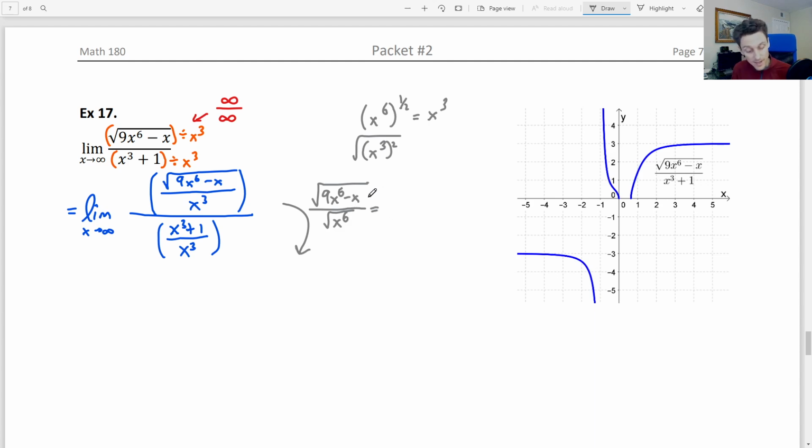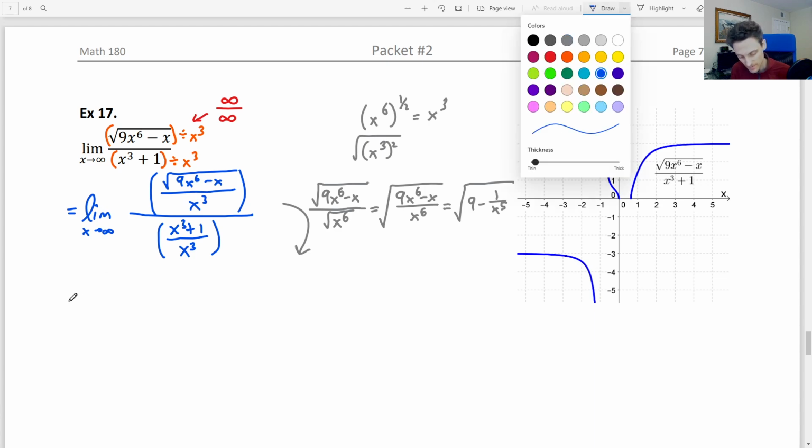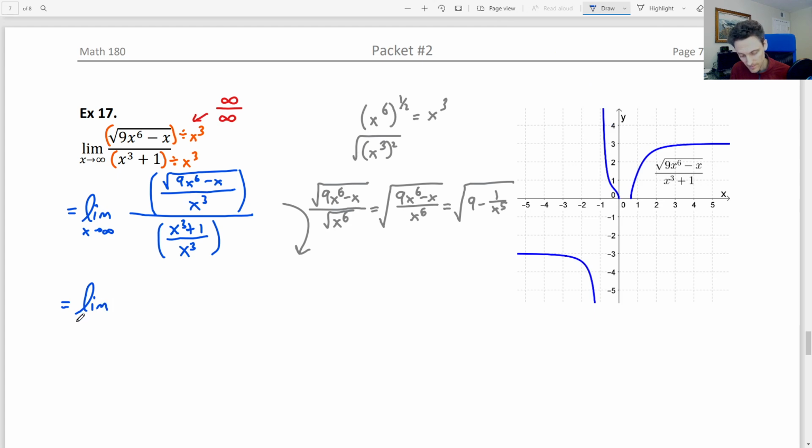All right, so now the x to the 6th can sneak its way into the other polynomial and simplify. So it'll become 9 minus 1 over x to the 5th inside the radical. The wolf has eaten the sheep.